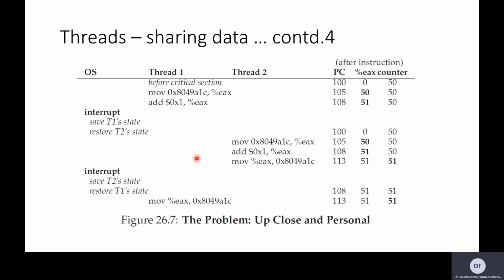At this moment T1 has not left the critical section yet, and T2 also enters it. So both threads execute the critical section code concurrently, which violates the principle of mutual exclusion.